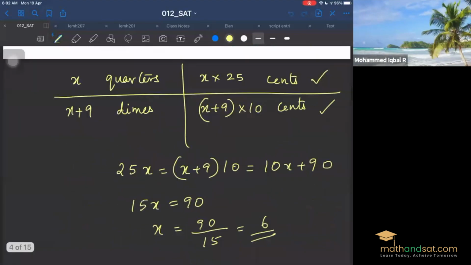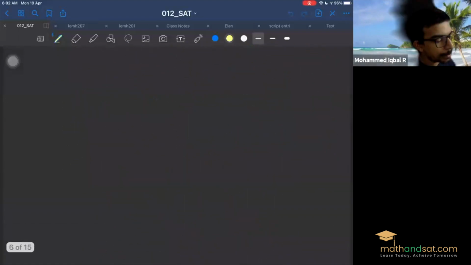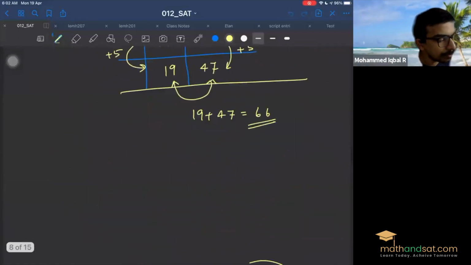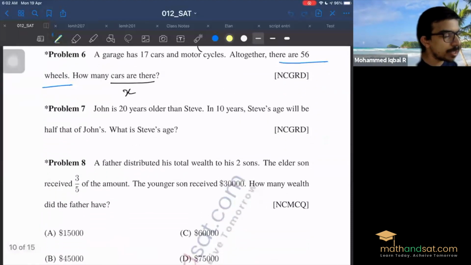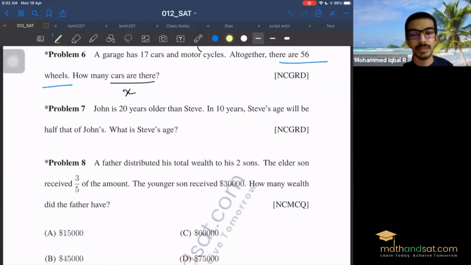We are on sheet number 12. The next question we need to do is question number 7, right?